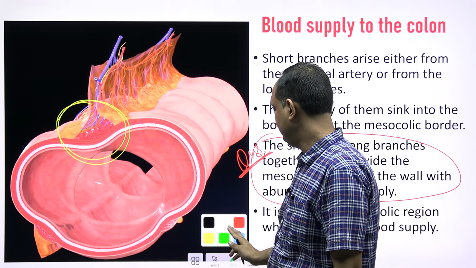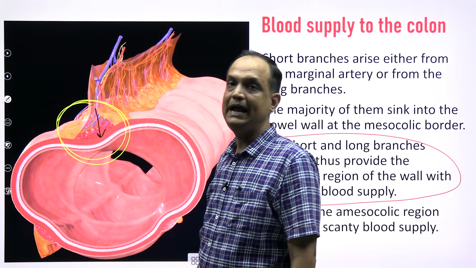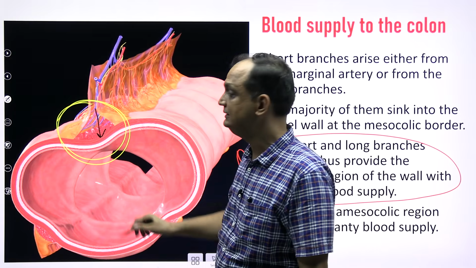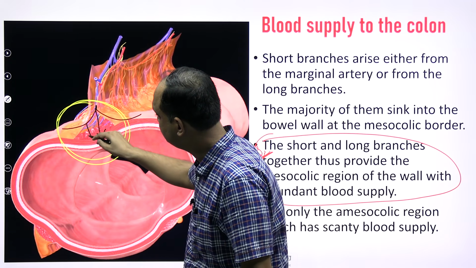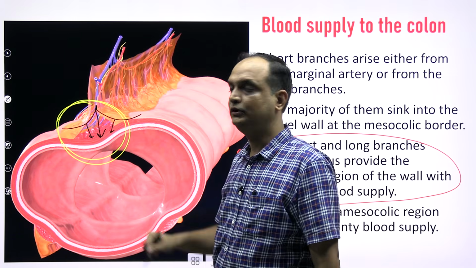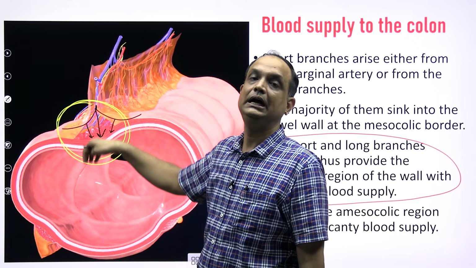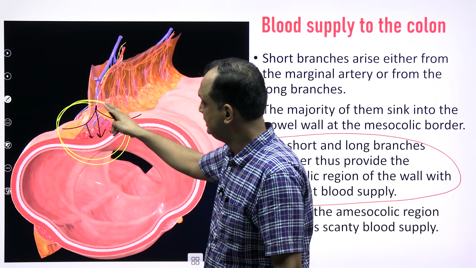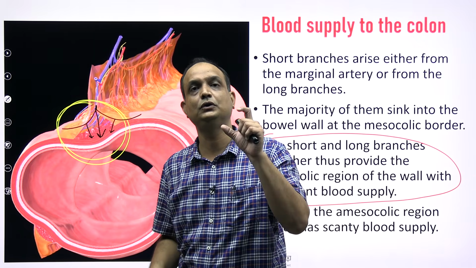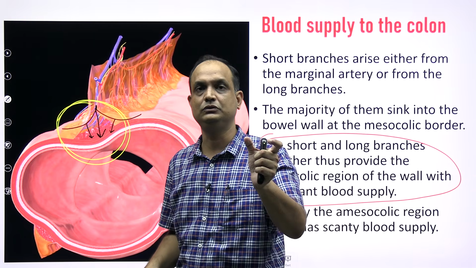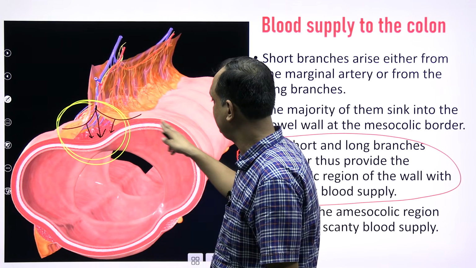One, the source of the blood is directly from the short arteries, and second, the blood vessels of your vasa longa are also giving branches to this part. Because there are two sources of blood supply, from the short arteries and from the branches of long arteries, this area around the mesocolic tinea of the colon is highly vascular, while the short arteries are not approaching the remaining part of the colon.